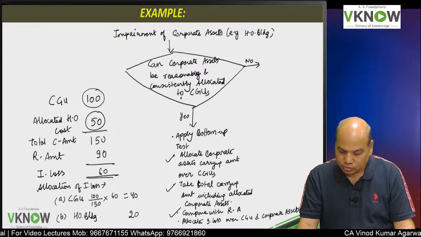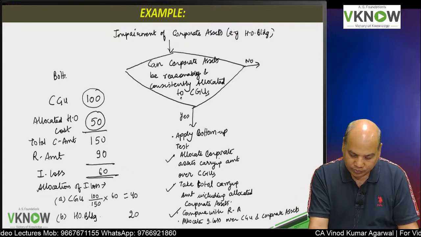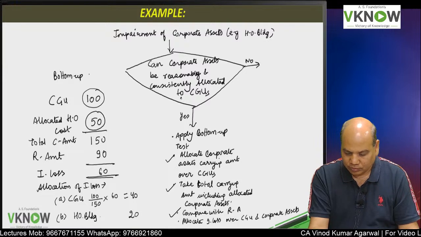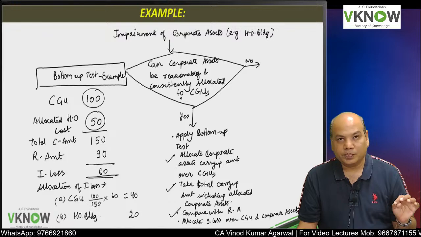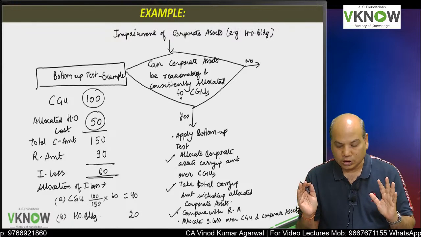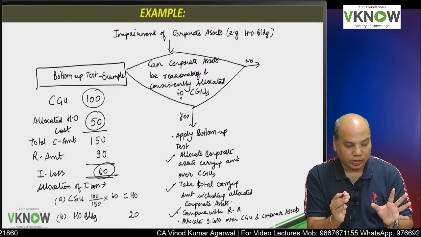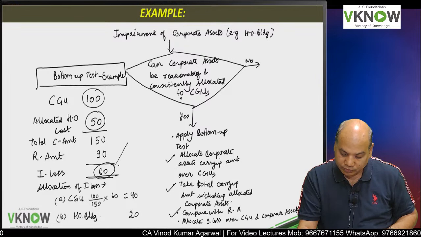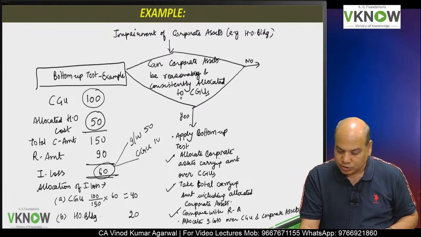So this is how the bottom-up test is applied. If it was goodwill, out of the impairment loss of 60, you would first allocate 50 to goodwill and then 10 to the CGU.